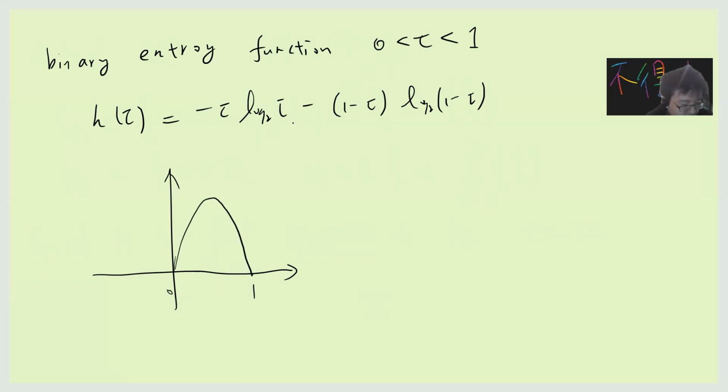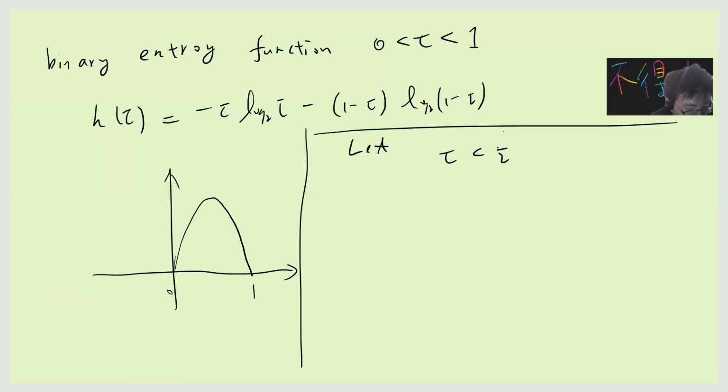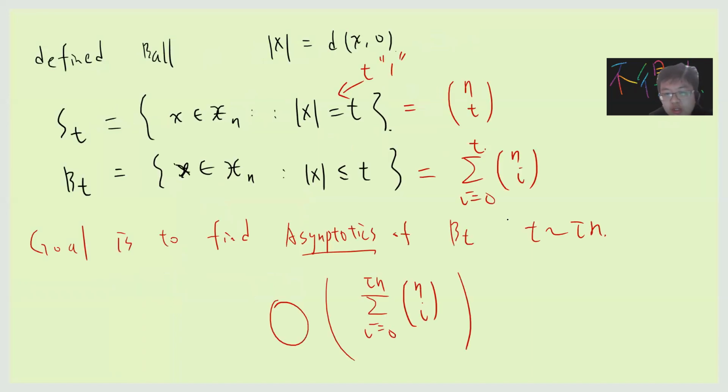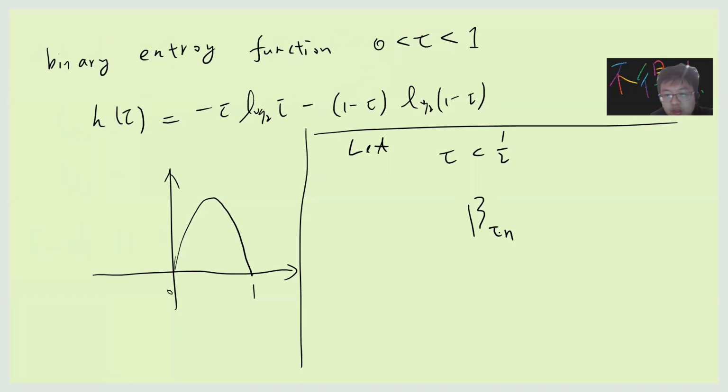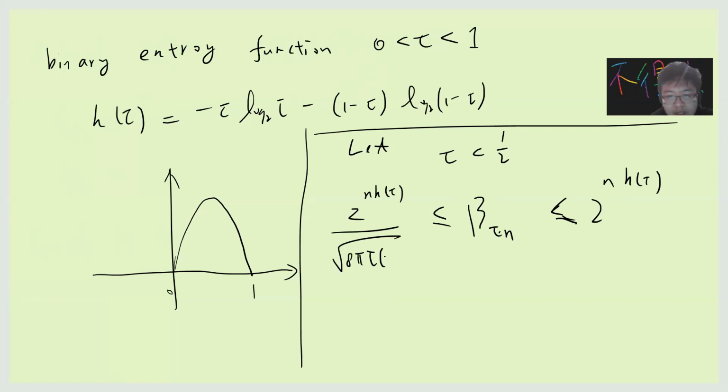The theorem that I want to state is: let tau be less than half, then the cardinality of B_tau n, which I just used as radius n times tau, is less or equal to 2^(n h(tau)), and greater or equal to 2^(n h(tau)) divided by the square root of 8 pi tau (1 minus tau) n.